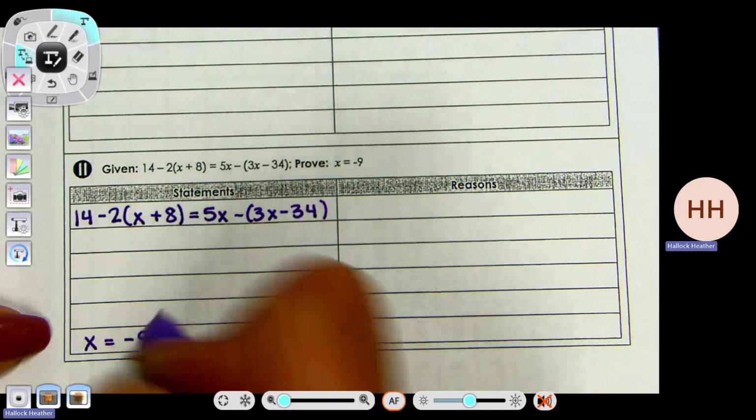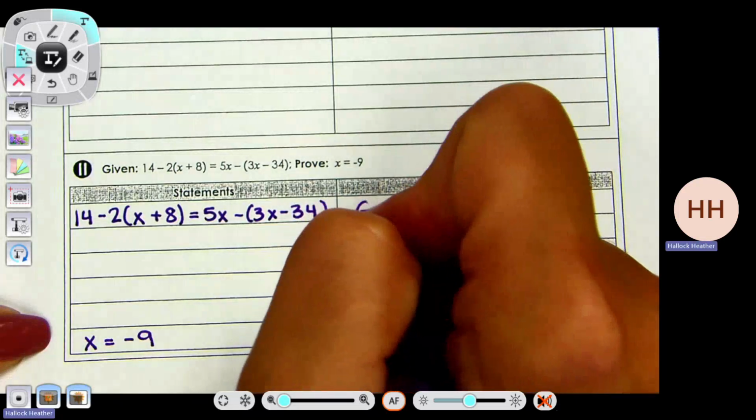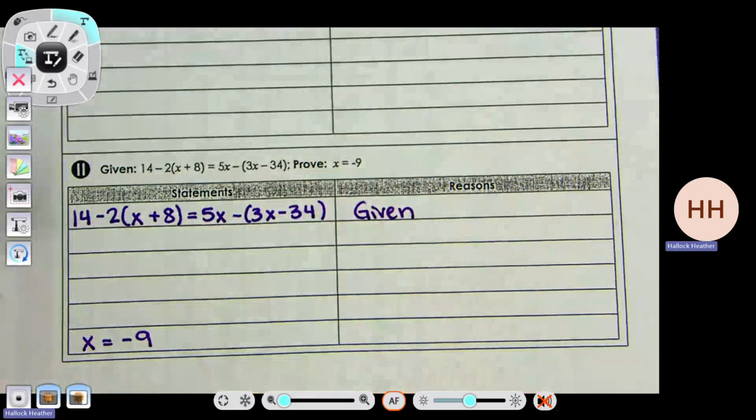X equals -9 goes in the bottom because it gave me the answer. The first thing is always given. This one's kind of long. So I have this long, crazy problem, and if this was on a scratch piece of paper, what would your first thought be to do?